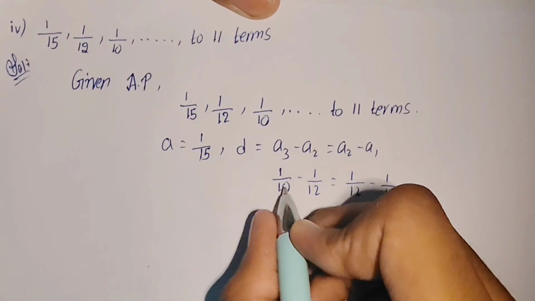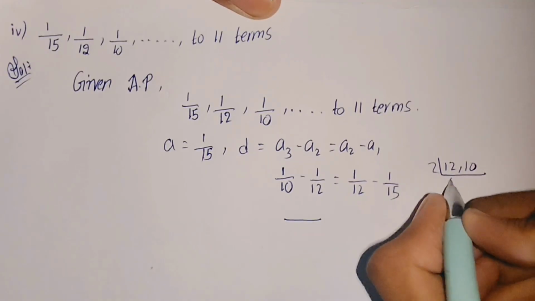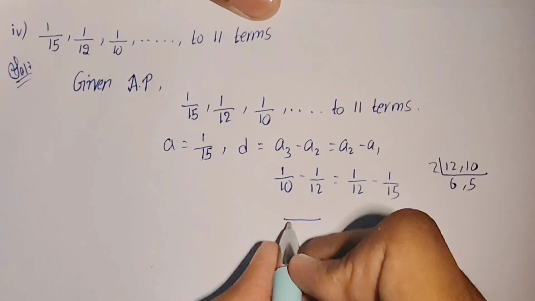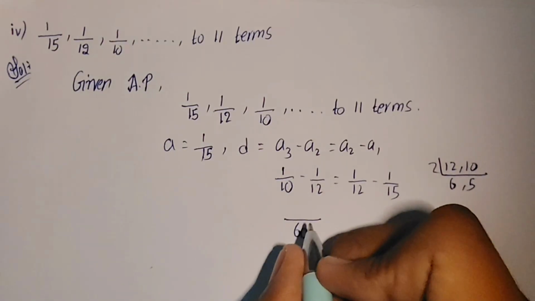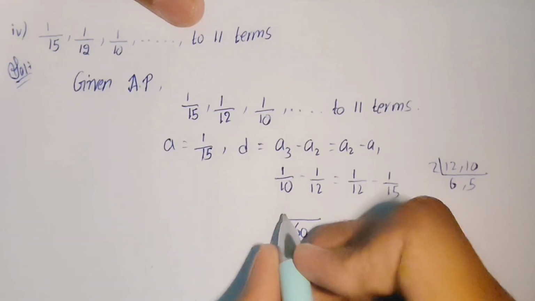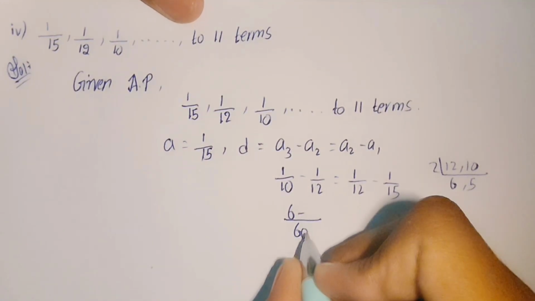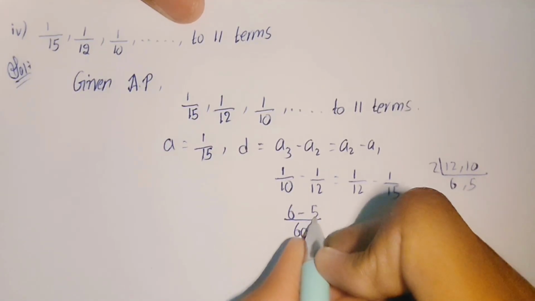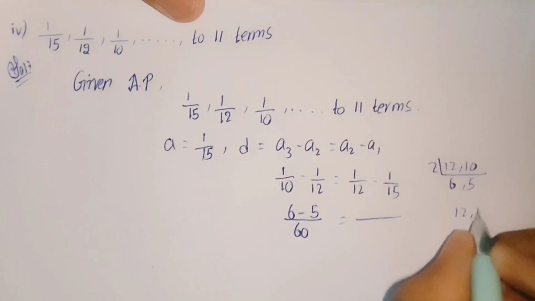The LCM for 12 and 10 is 2 6s are 12, 2 5s are 10, 2 6s are 12, 12 5s are 60, so 60. 10 in 60, 6 times, so 6 ones are 6 minus 12 in 60, 5 times, so 5 ones are 5, is equals to, in 12 and 15.